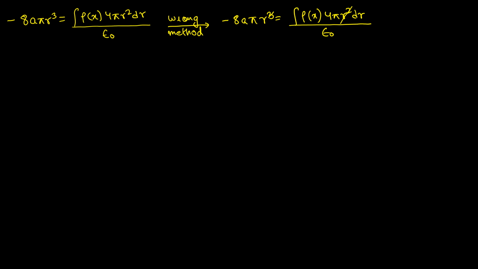So the remaining 4 pi, this 2 would get cancelled. Or it would be minus 2a epsilon naught r equals rho x dr. And now let's do it. 2a epsilon naught equals rho x dr by r.